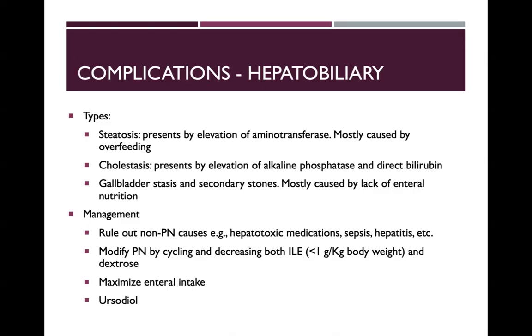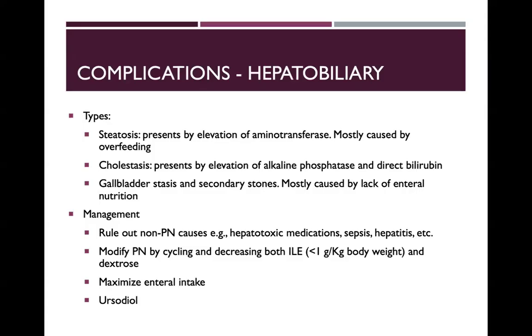One is steatosis, which is basically fat deposition in the liver, and that usually happens when you are providing too much food, just like it happens to any of us. If I eat too much, I'm going to deposit fat, not just in my liver, but everywhere else. Usually with steatosis, the aminotransferases, AST and ALT, are going to be elevated gradually. Then what you do is cut down on the parenteral nutrition feeding, especially the lipids.